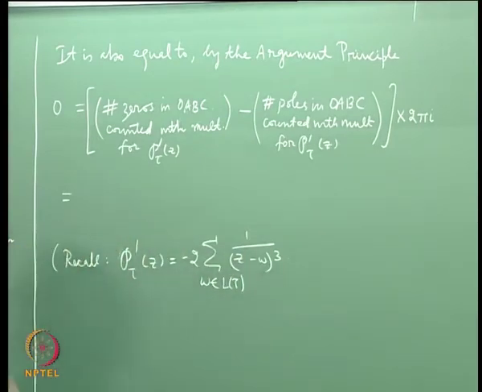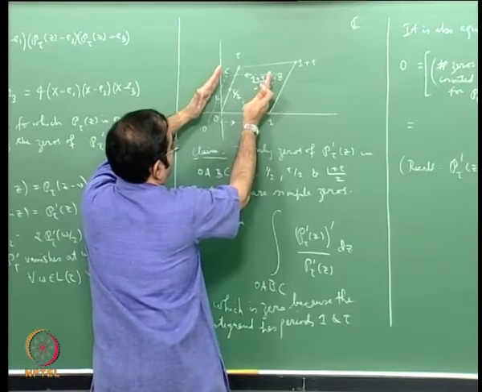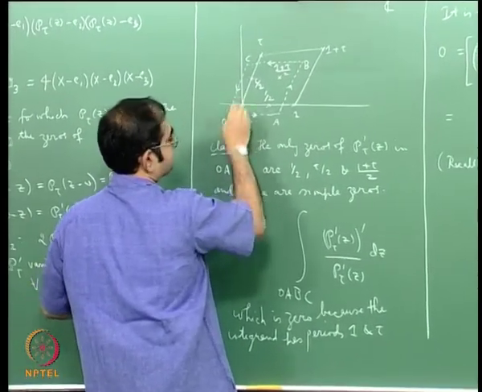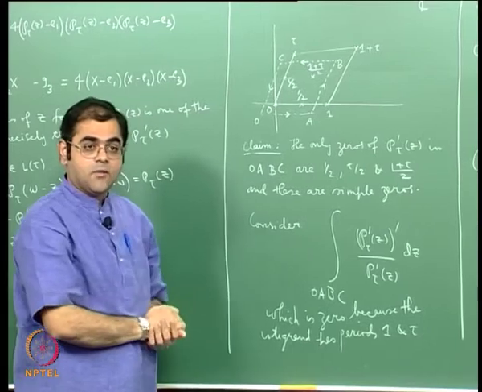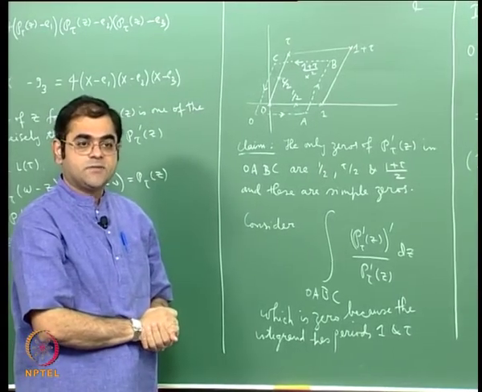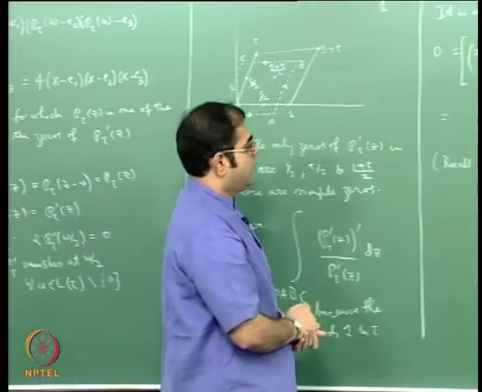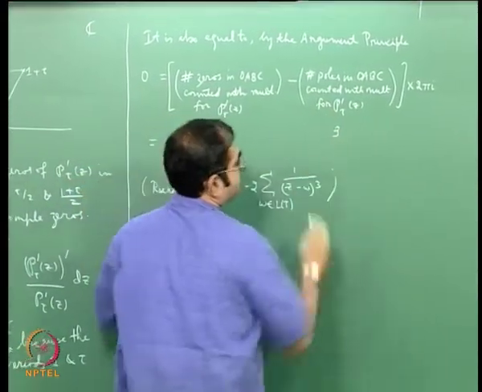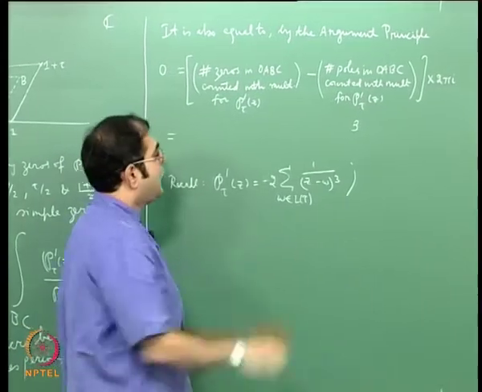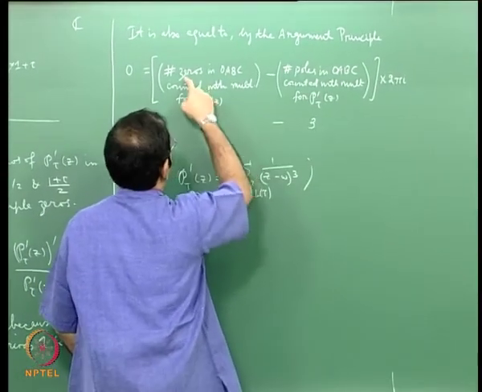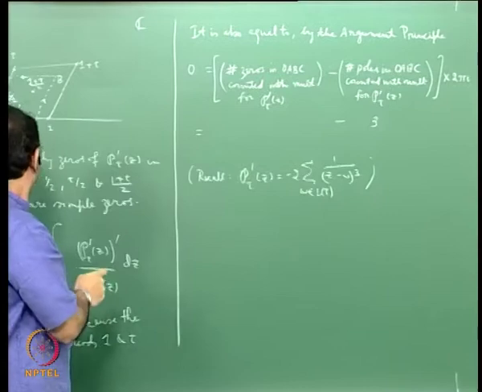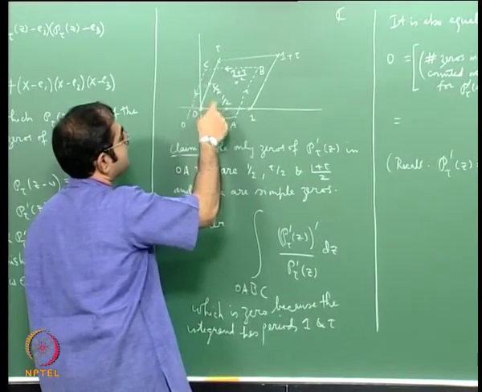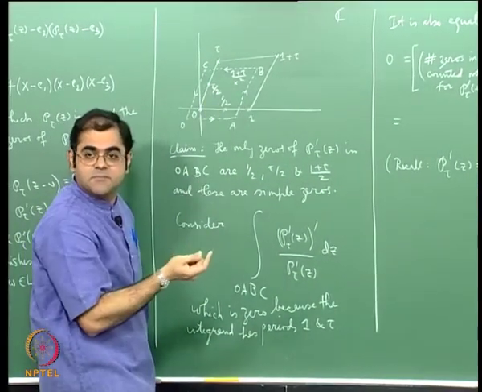So in this parallelogram, the only pole is at 0, and it has to be counted 3 times. So therefore the number of poles is 3, alright, minus the number of zeros, and the only zeros are these 3 and they will occur with some multiplicities.